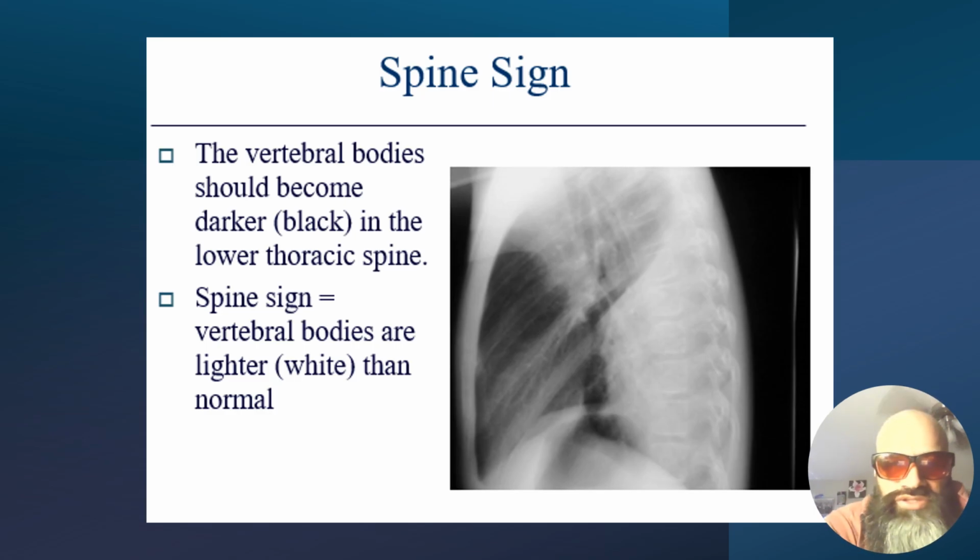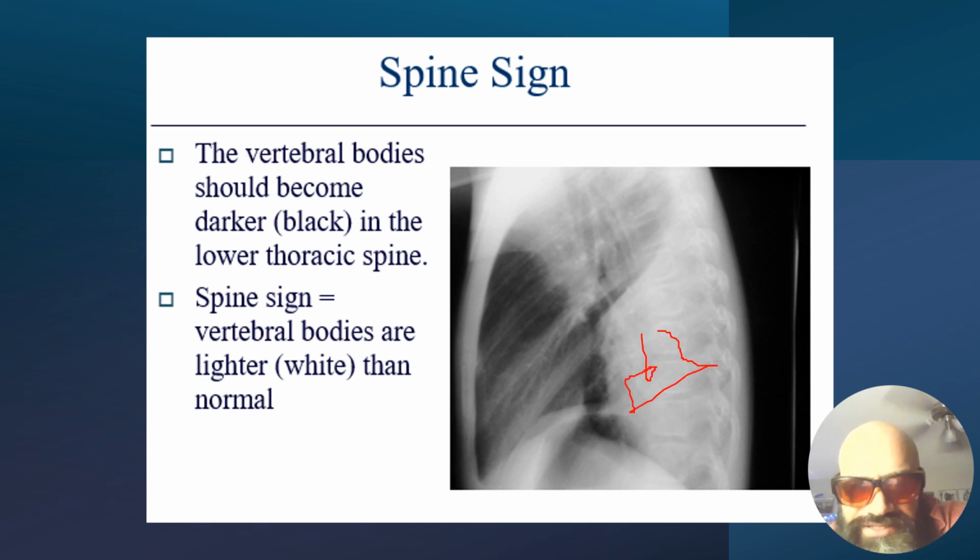So normally when you look at a normal X-ray on the lateral view, the vertebral bodies of the spine should become darker as they approach the lower thoracic region.